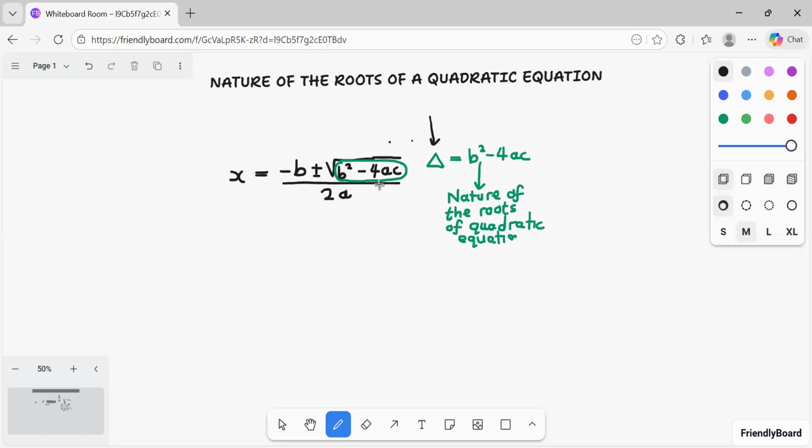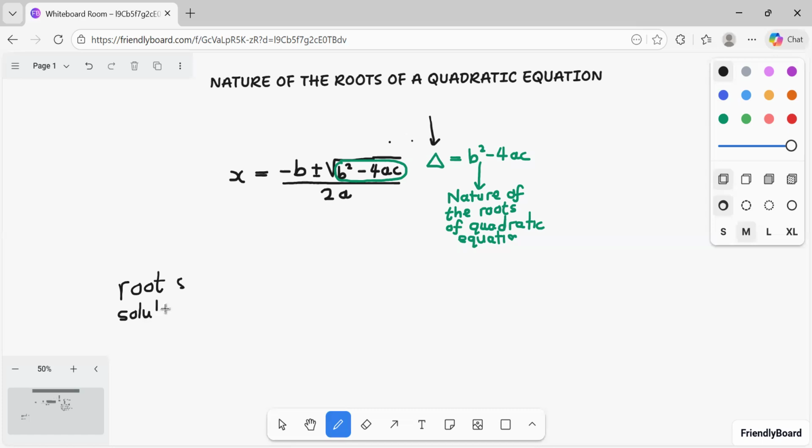All right. The roots, or solutions, roots is also known as solutions. The roots or the solutions of a quadratic equation can be real or non-real. So when I say solutions, I mean roots.